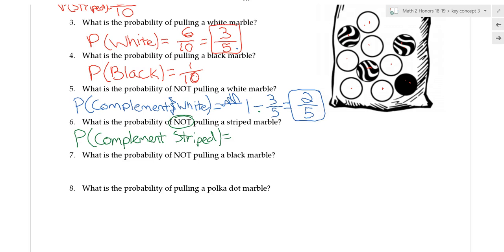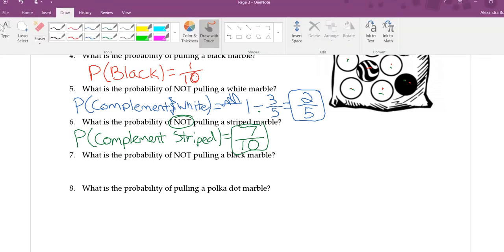Well, that means I can pull a white marble. That's 6 choices. Or I could pull a black marble. So in total, I have 7 marbles that aren't striped. 7 out of 10. And you can just do that as well. Sometimes if you have all those options available, that is sometimes easier.